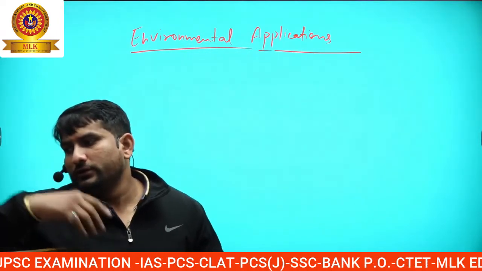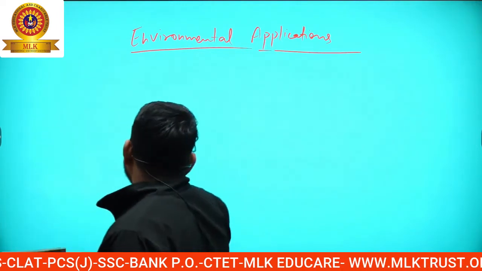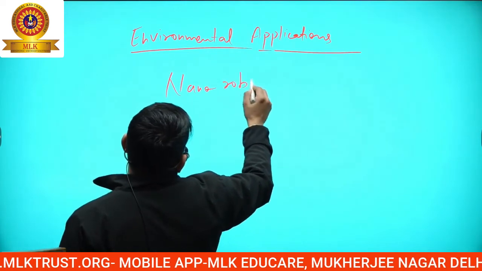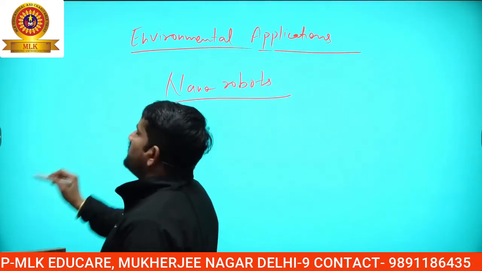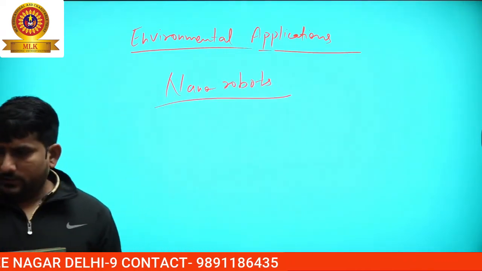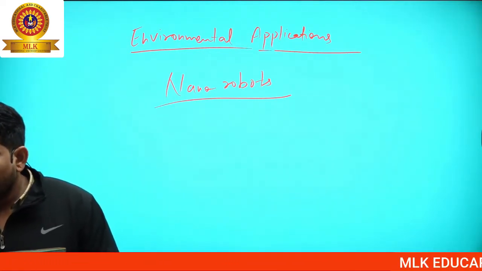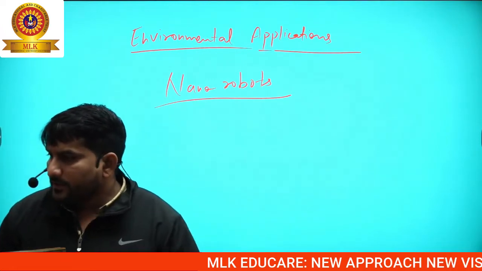So here in oil zapping, there are many nano robots. Nano robots can be used to clear oil spills or petroleum contaminated waters.